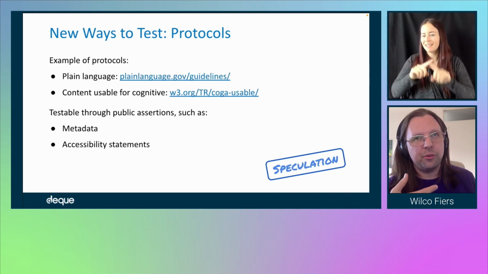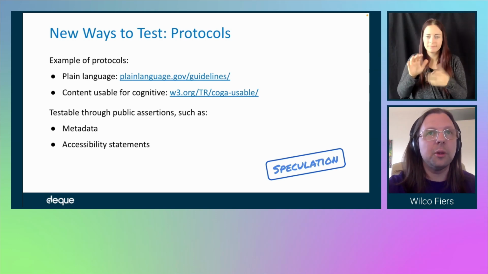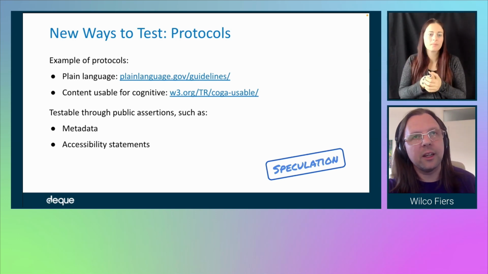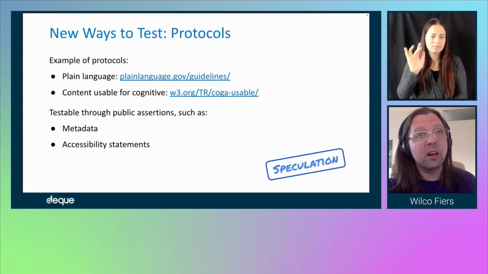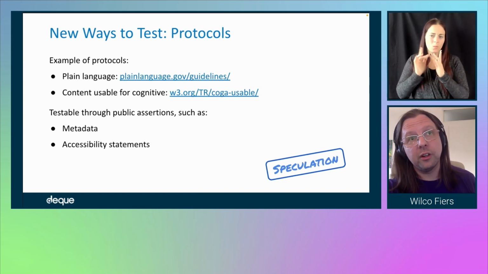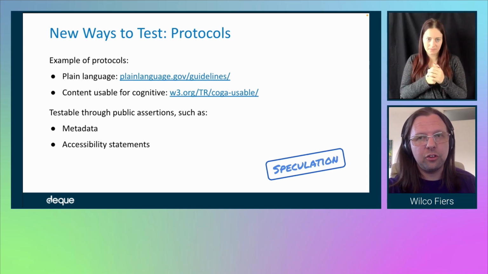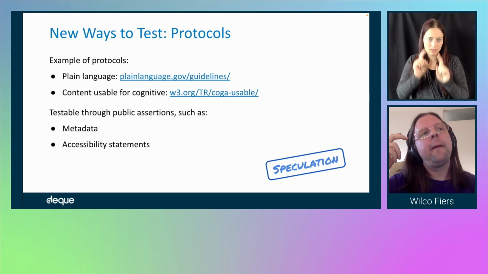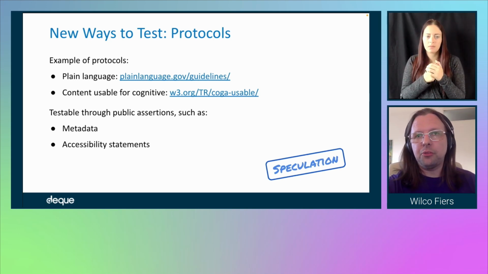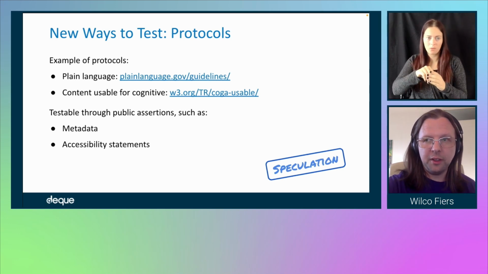There's some real examples of that today. Plainlanguage.gov is an example of that; they provide guidelines. You can find them on plainlanguage.gov/guidelines. There's also Content Usable for cognitive, which you can find on w3.org/tr/coga-usable. And the way these become testable and part of WCAG could be through metadata or accessibility statements.